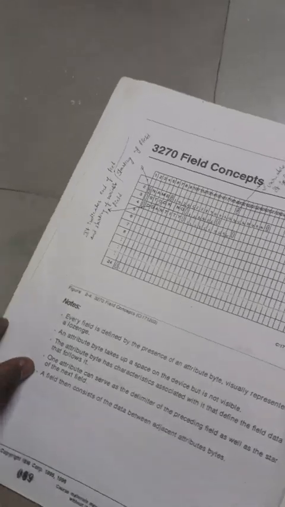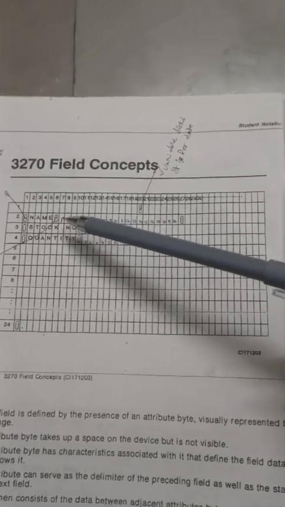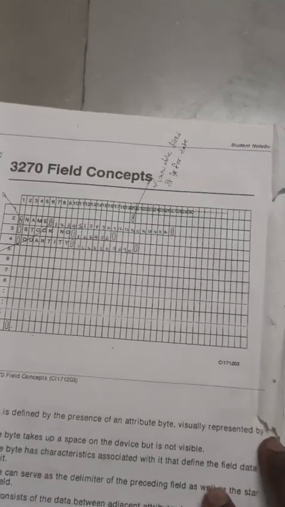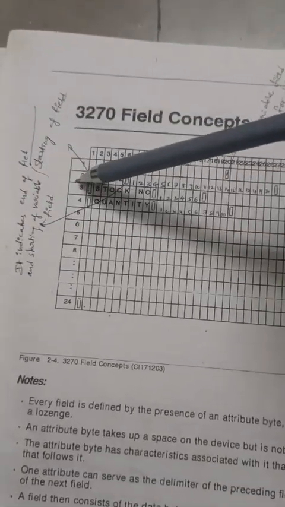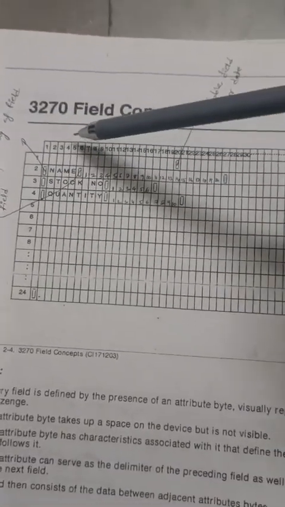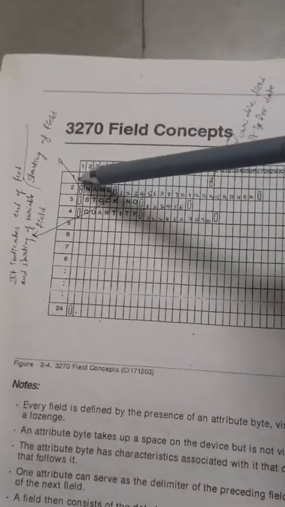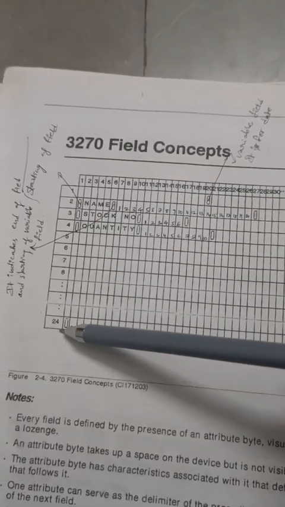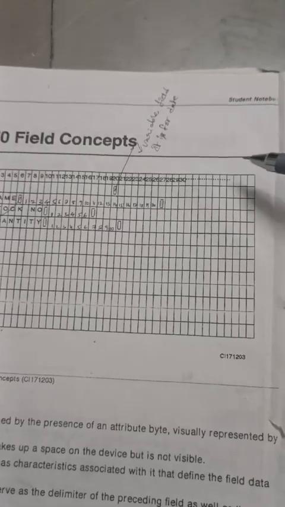Now I am going to define one sample. This is a screen layout, an overview of the layout of the screen that we are going to prepare. In yesterday's session I told you the screen has 24 rows and is divided into 80 columns. You can see it starts from 1, 24 rows here, 1, 2, 3 till 24 rows, and columns 1, 2, 3 till 80 columns.